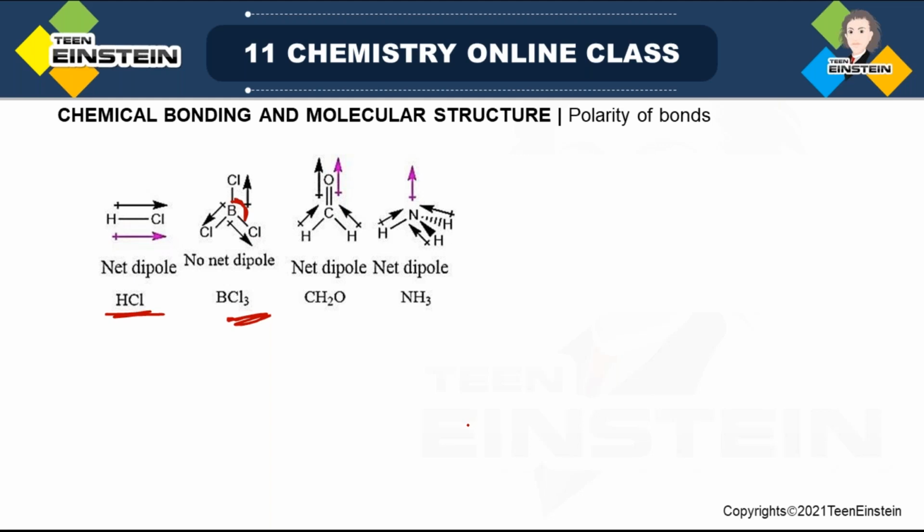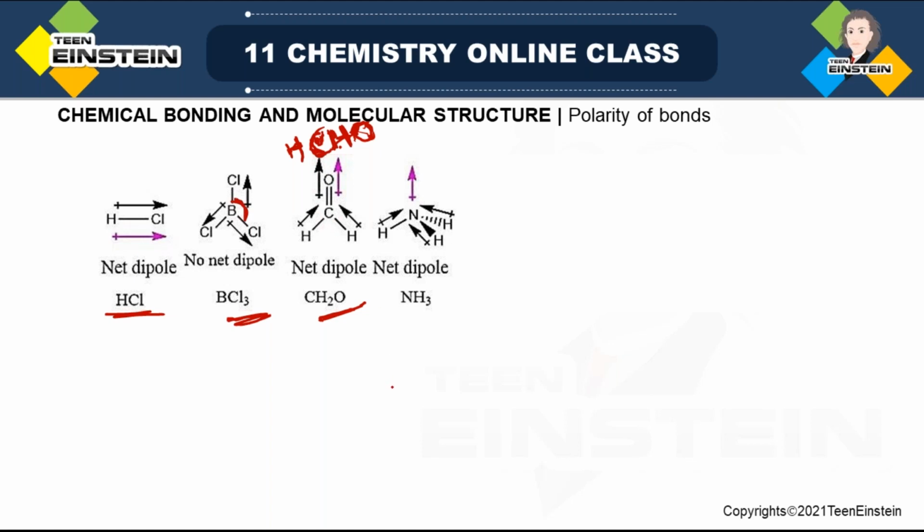Next molecule we have taken is formaldehyde, HCHO. Mostly it is an organic molecule. We write it as HCHO. Okay, so see here, in the CH bond the arrow is from H towards carbon because carbon is more electronegative, but between C and O the arrow is towards oxygen.